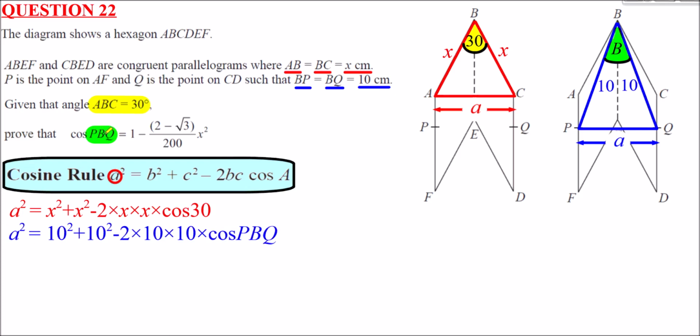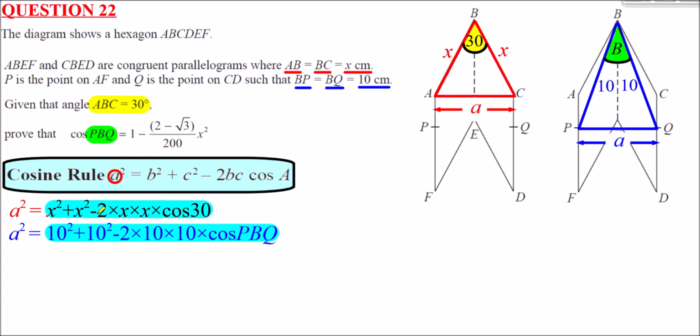So both of these expressions, the bit in red and the bit in blue, they both equal A squared. And so what I can say from this is that therefore the red is the same as the blue. So this thing here is the same as that thing there, because both are equal to A squared.